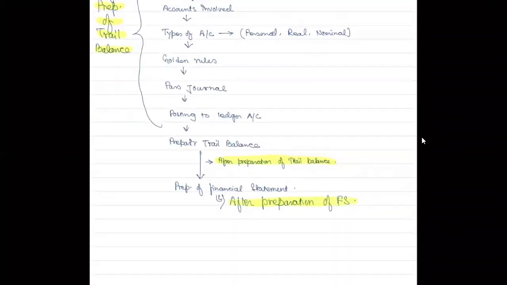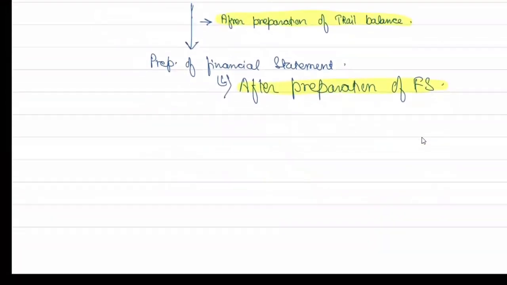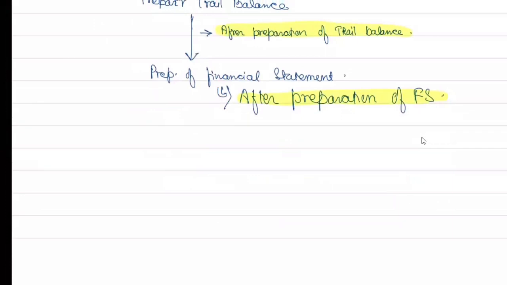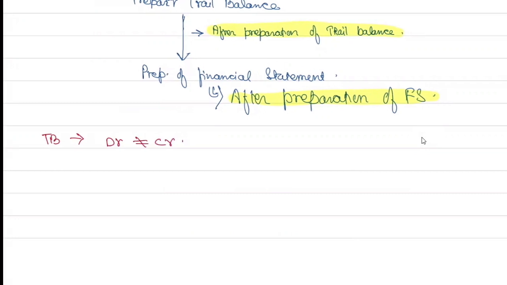How will we understand that there is some mistake in my accounts? The simple logic is that in my trial balance, my debit will not be equal to my credit. This is the first basic way to understand.